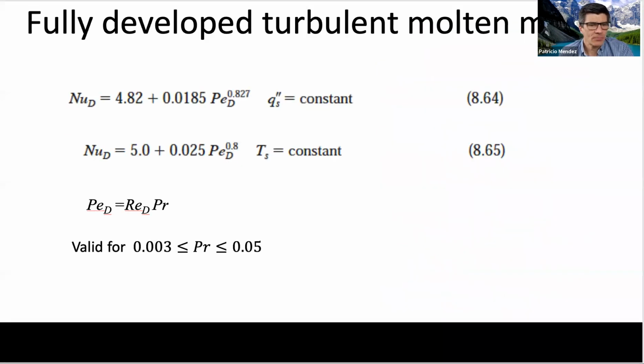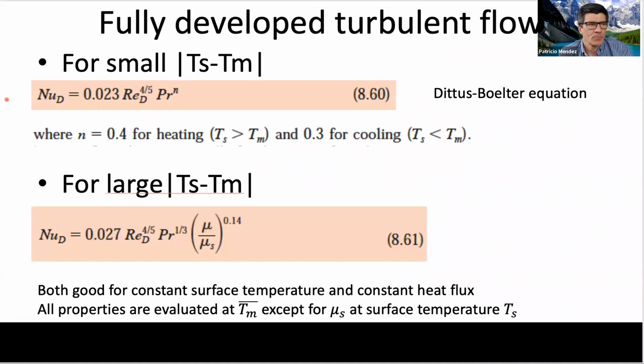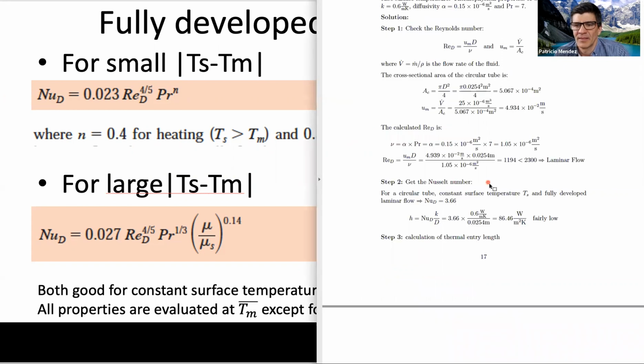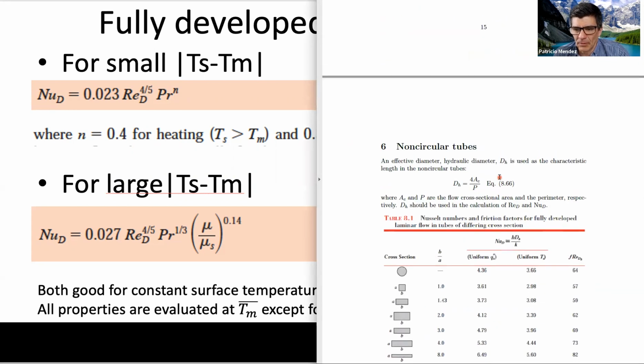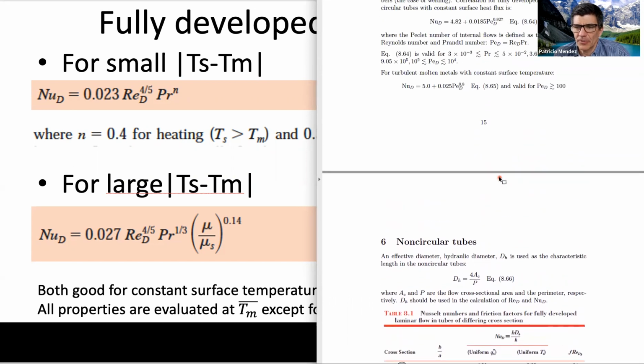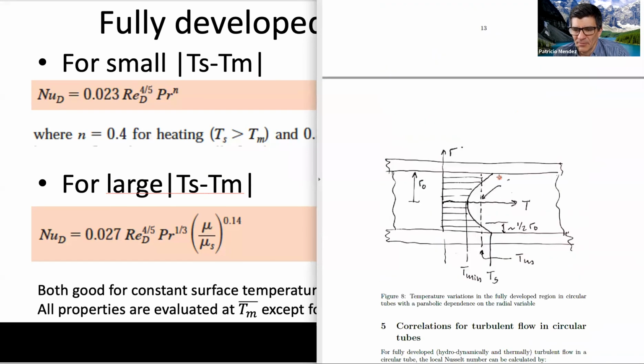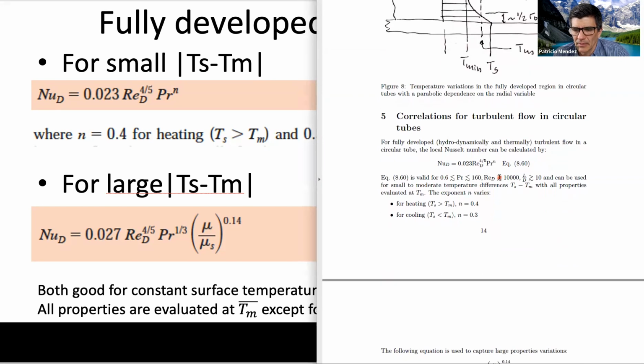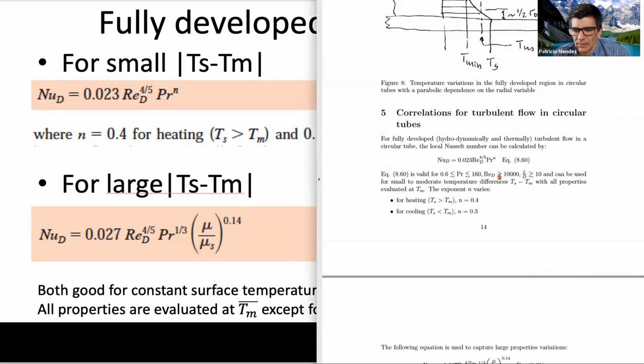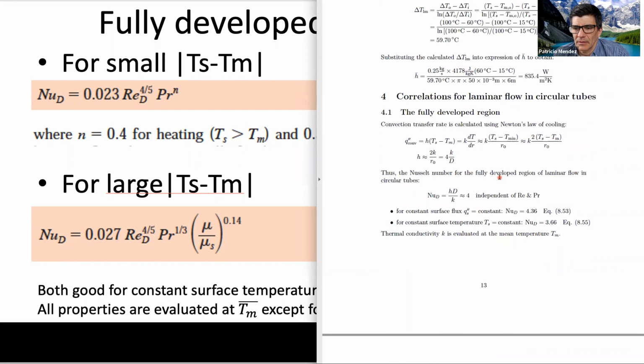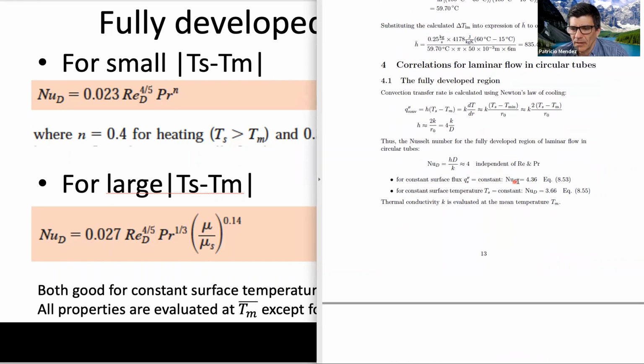For the Nusselt number, we had two options. It said constant surface temperature, right? And we had seen that for constant surface temperature, Nusselt is 3.66.